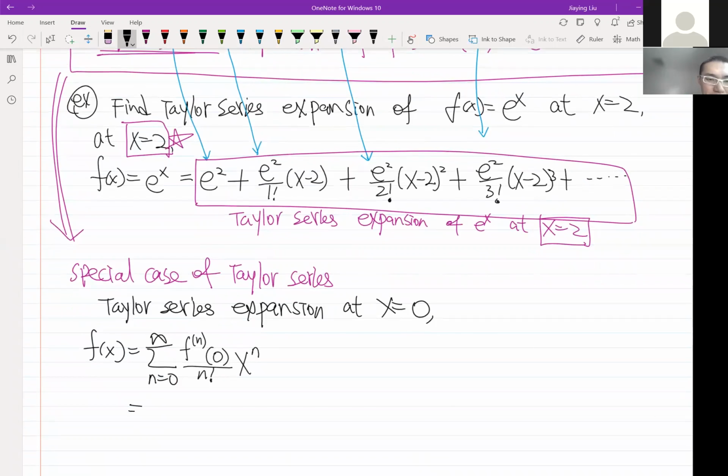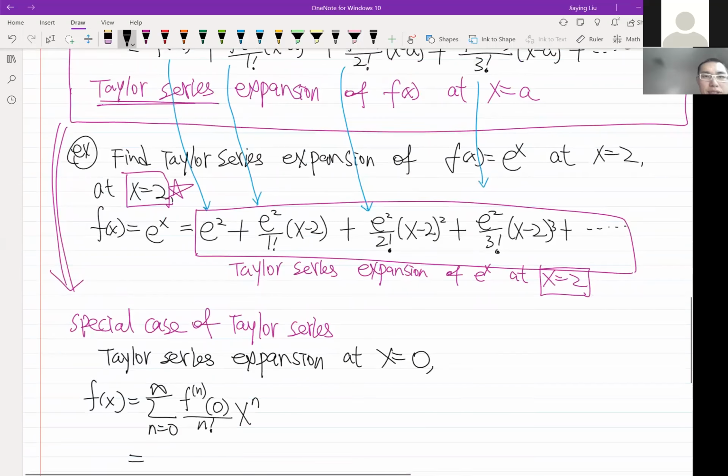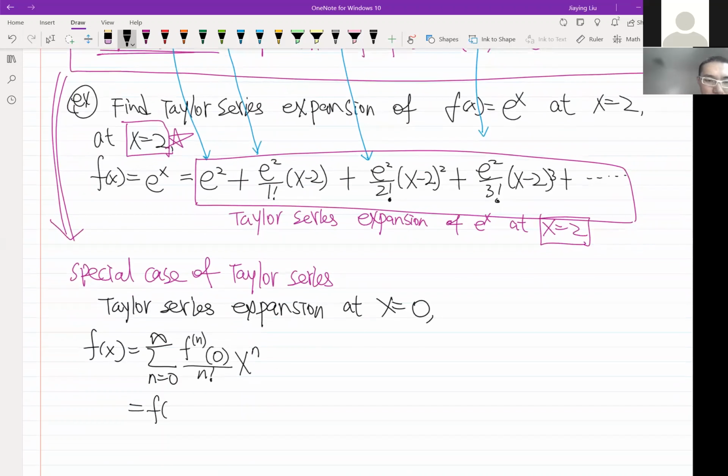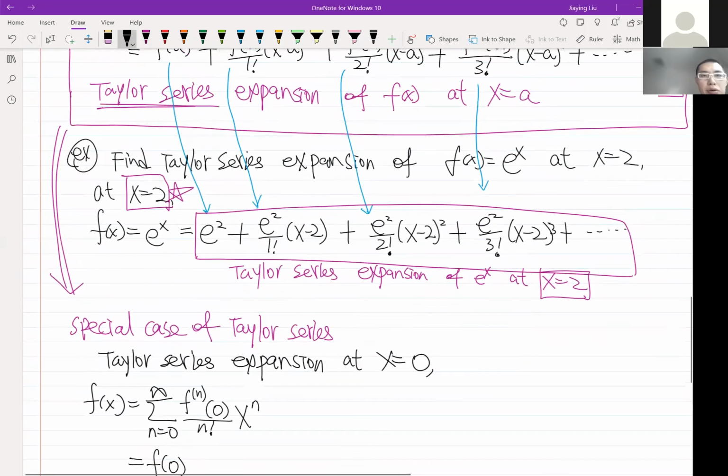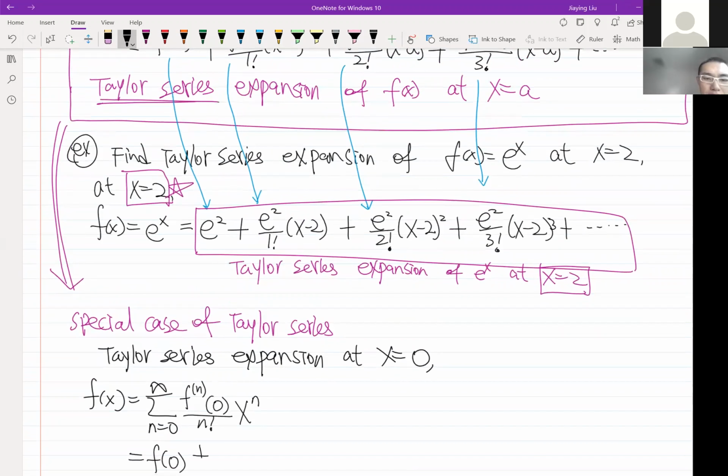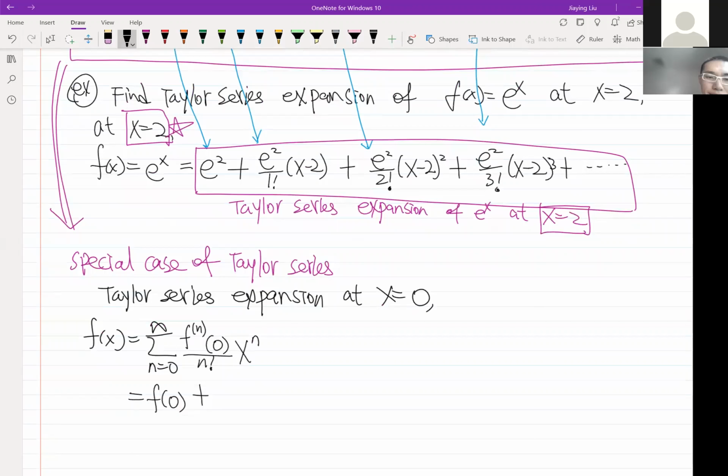And if we expand this, instead of f of a, we get f of 0 plus f prime with 0 as the input, divided by 1 factorial, which is just 1, times x minus a, just x.